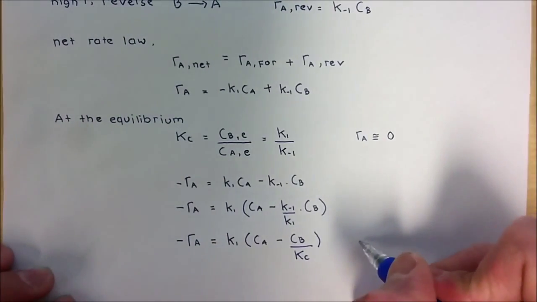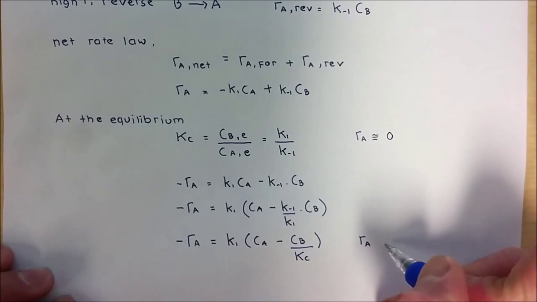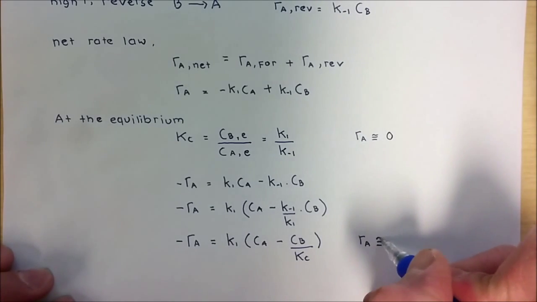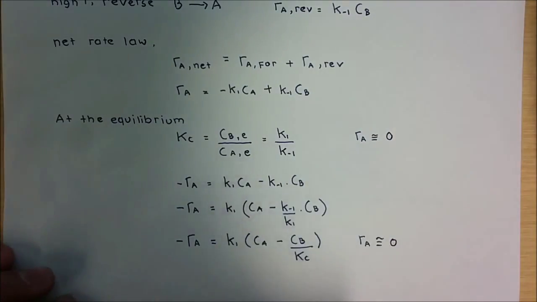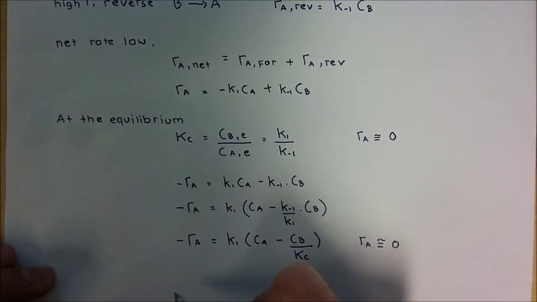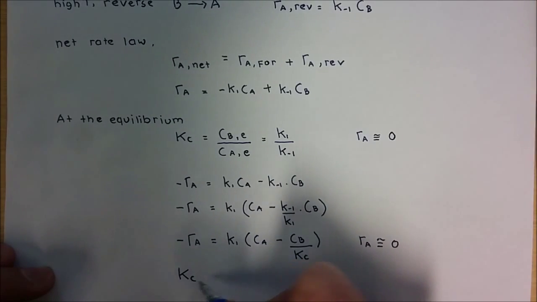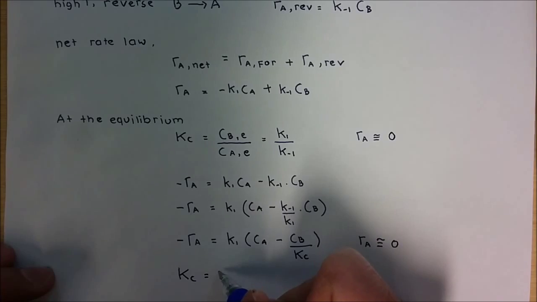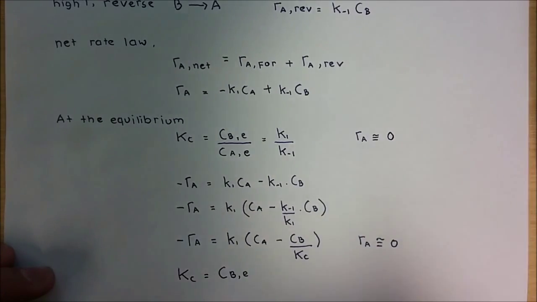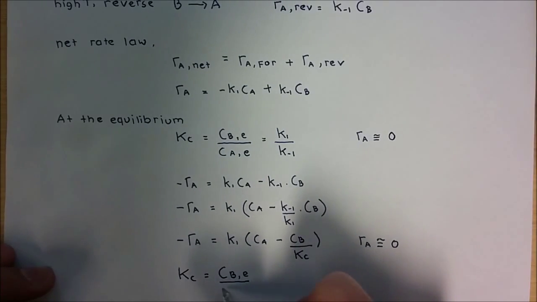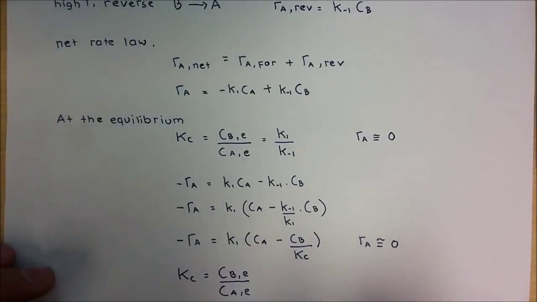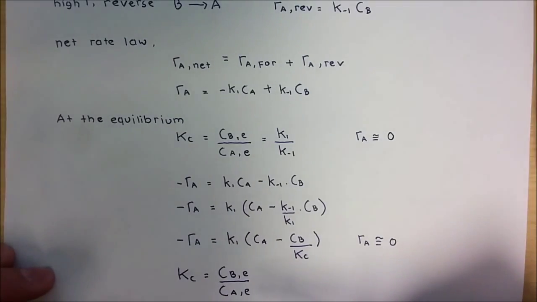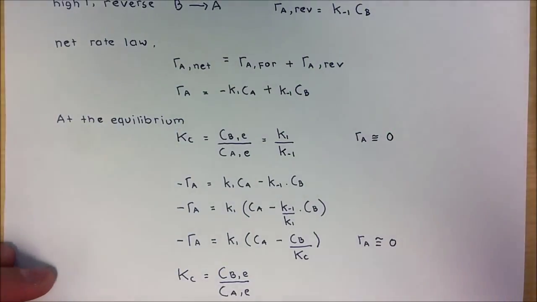And then if we implement the equilibrium condition, we will have KC at the end equal to CB at equilibrium over CA at equilibrium. So this satisfies the equilibrium condition.